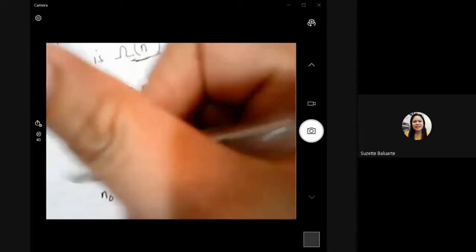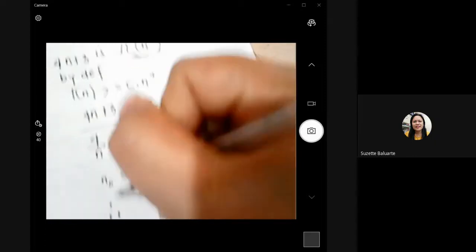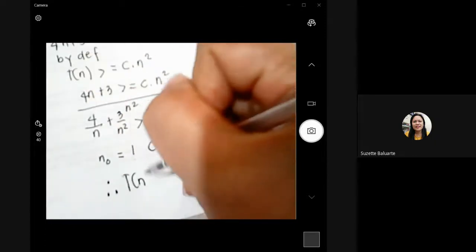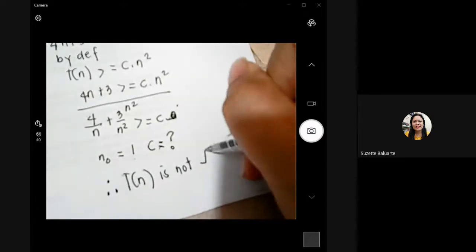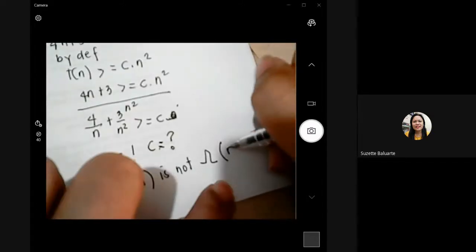So therefore, your T of n is not omega of n squared.